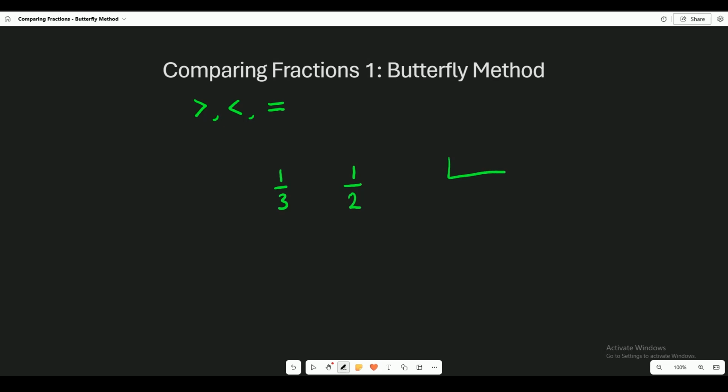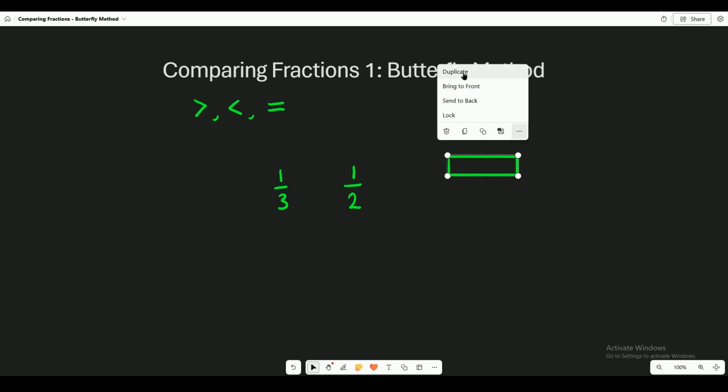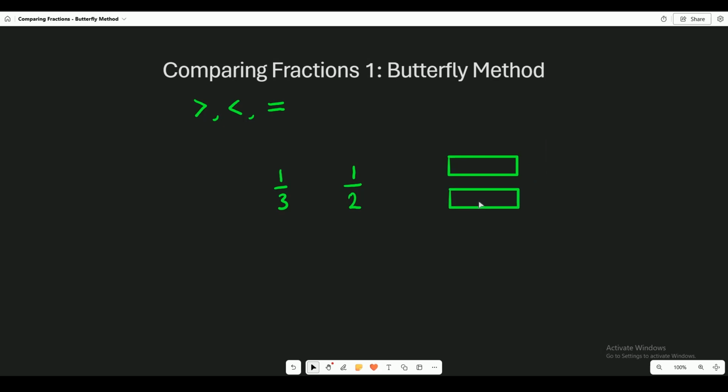Let's pretend we have these boxes, and I have another box that's the same. Let me duplicate it. So these two rectangles are the same. This first one I'm going to split in half, just like this.